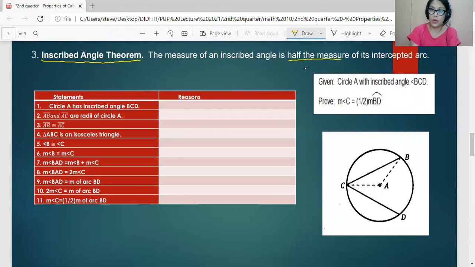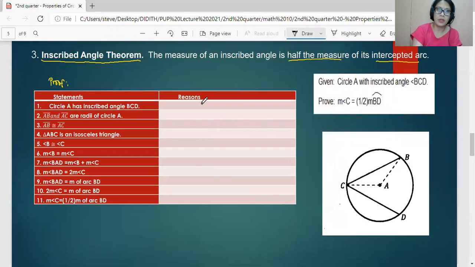So what we're going to prove is that the measure of angle C here, which is an inscribed angle, is really equal to half of its intercepted arc, BD. We're going to prove this theorem by completing the table here.